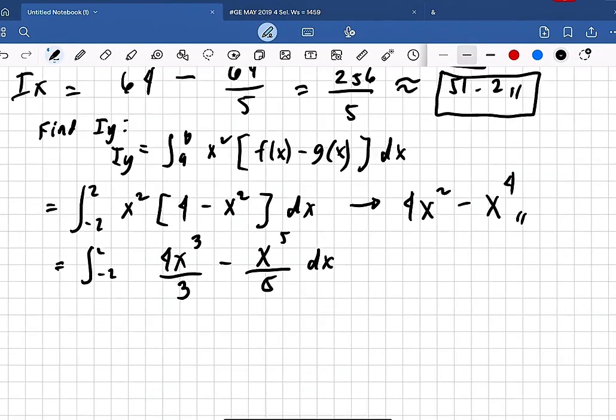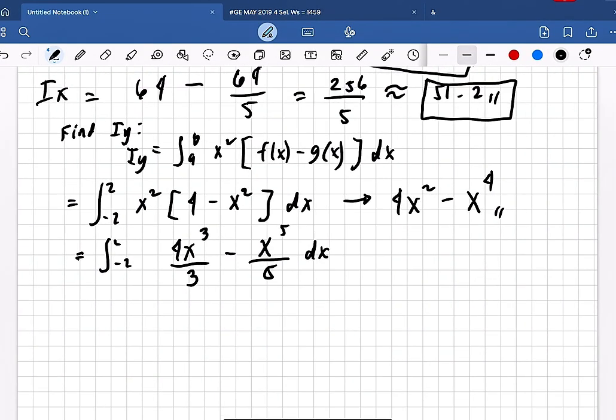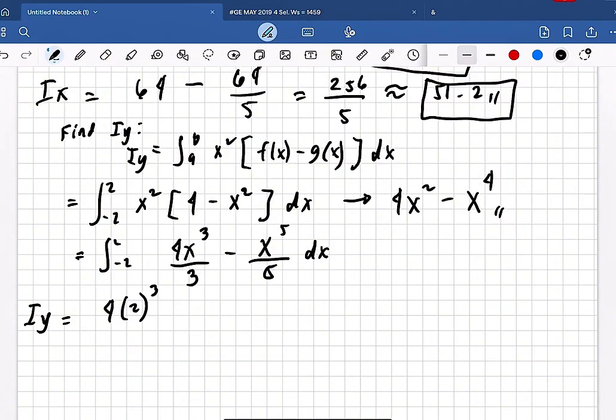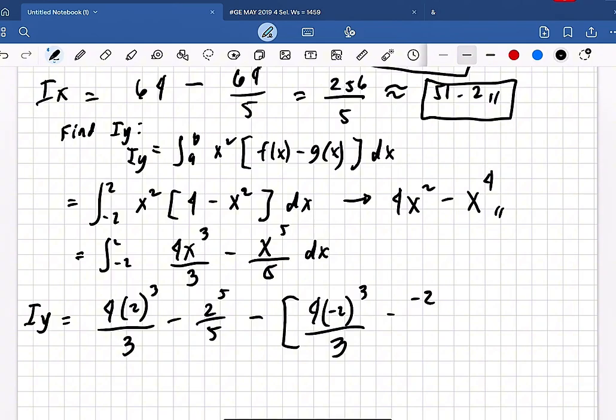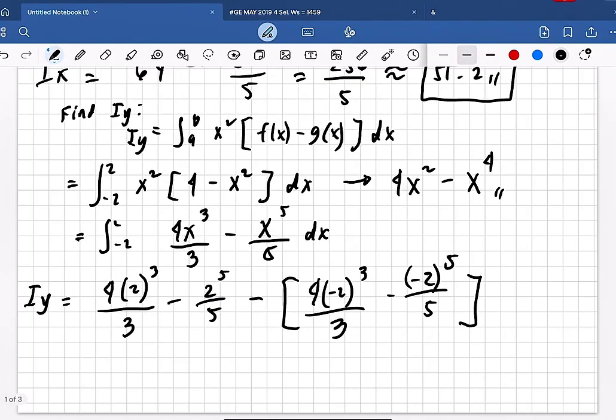Next, substitute the limits, which is Iy: 4 times 2 raised to 3 over 3, minus 2 raised to 5 over 5, minus the lower limit of negative 2: 4 multiplied by negative 2 raised to 3 over 3, minus negative 2 raised to 5 over 5.